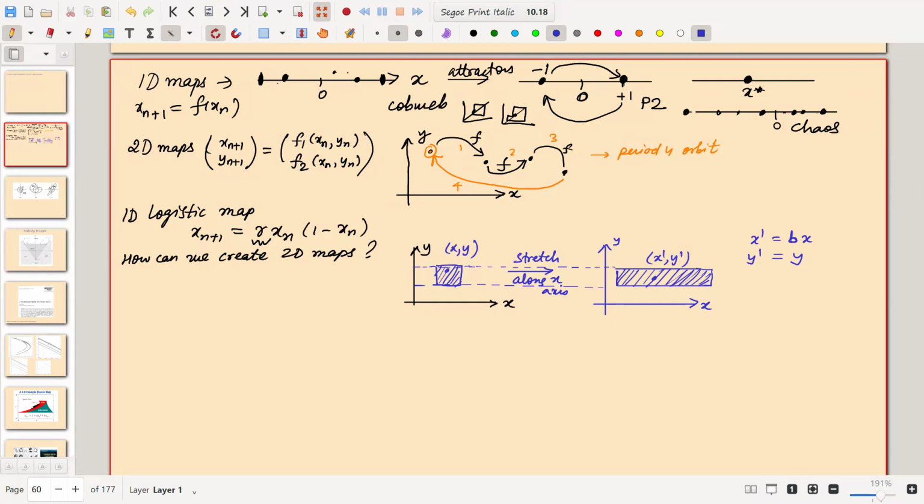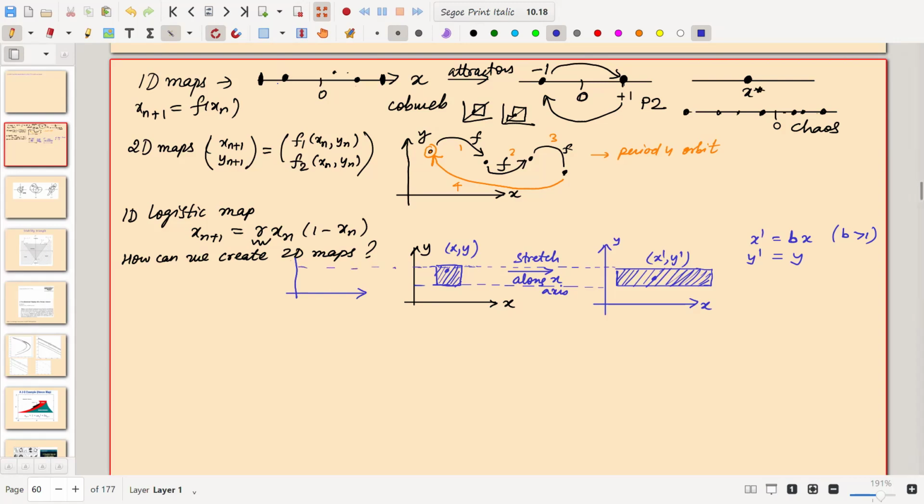Since they have expanded, we can easily see that b should be greater than 1. If b is greater than 1, then it can have the stretching property, right? If b is less than 1, it will have a contracting property, right? So if b is less than 1, it will be another case like this.